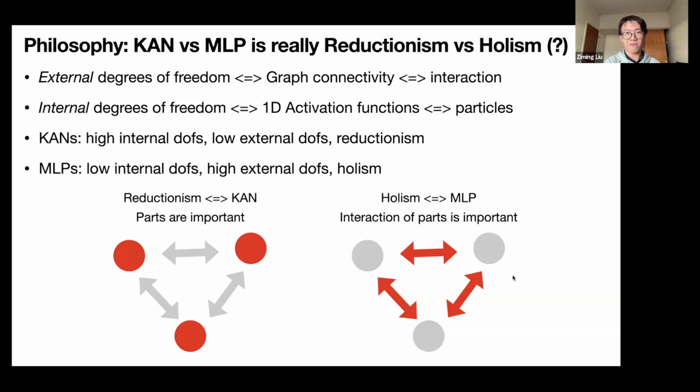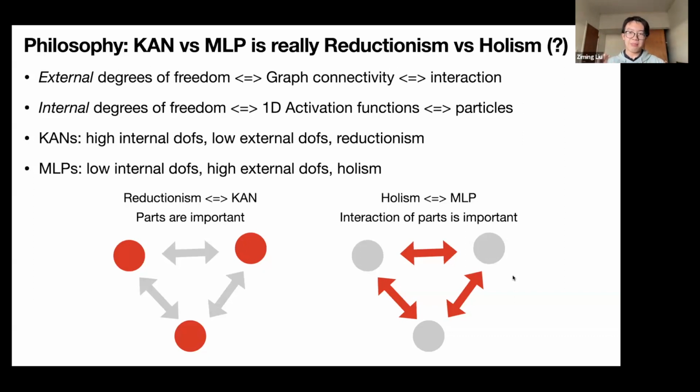That's the idea of reductionism. In contrast, holism says, it's too hard, it's impossible, and we don't need to disentangle the whole thing into different parts. Each part is not important at all. What matters is how these parts interact with each other.